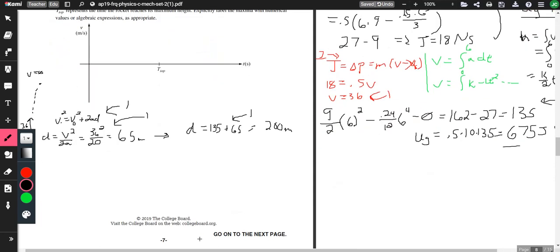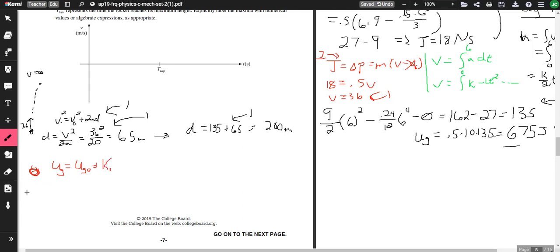As I mentioned, you could have used energy instead. The way that would work, or the way that would look, it would look like this. We're trying to find the potential energy. So actually, we could have done the whole thing together. So we could have done the final potential energy is equal to the potential energy at that height plus its kinetic energy at that height.